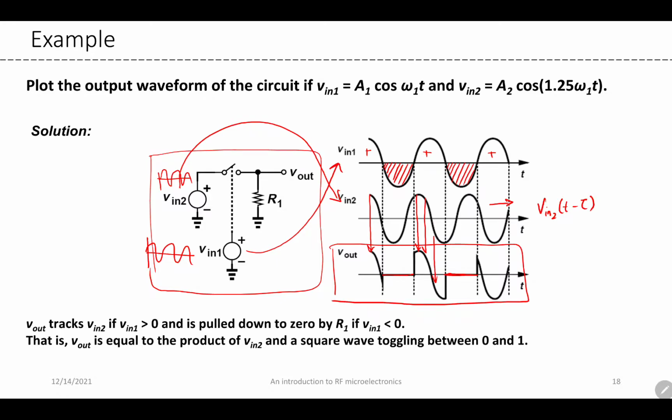If I shift V in 2, then the shifted V out, which would be V out of t minus tau, will not be the same as this.